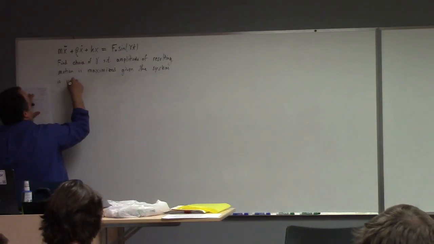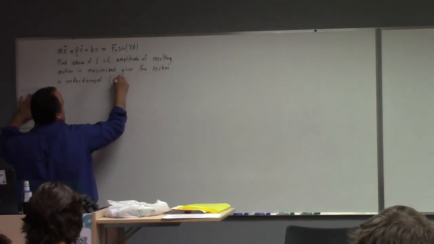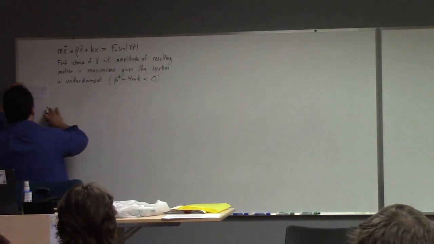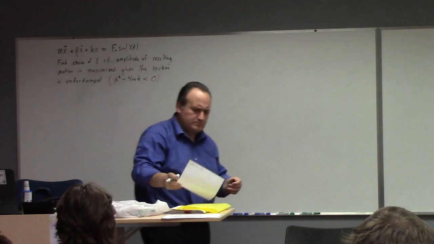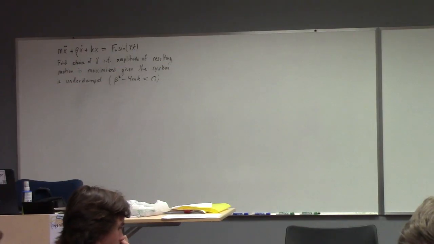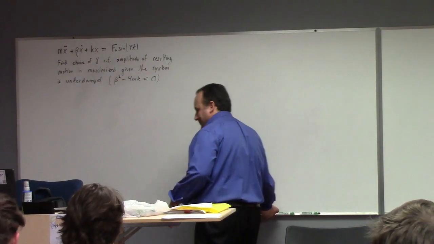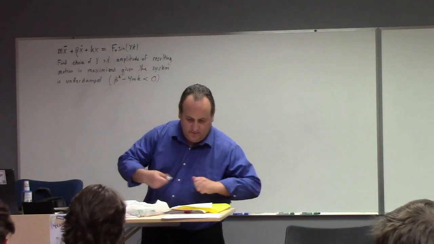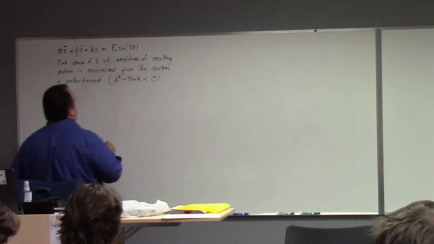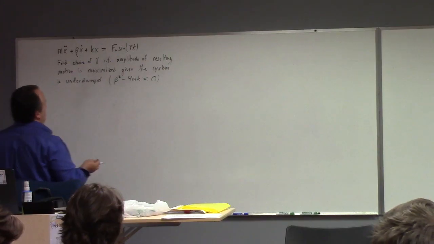is underdamped. So underdamped in this context means beta squared minus 4mk is less than 0, right? It's the case where we have complex solutions to our characteristic equation. We could rightly assume that the particular solution had the form of sines and cosines, but I decided to take a different route.